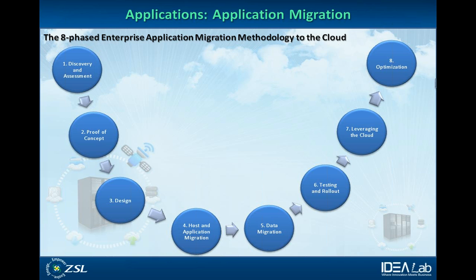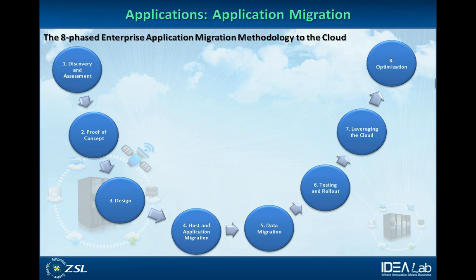Step 4 is the actual deployment of the application and your virtual machines into the cloud. Then the next steps are migrating the data and testing how the rollout went, and redoing that in several phases so that your application is able to smoothly and seamlessly transition into the cloud.